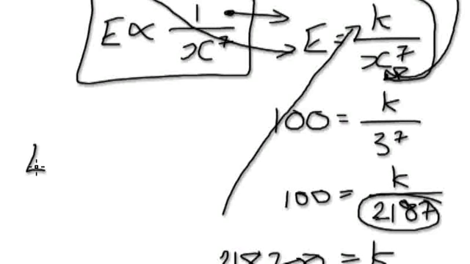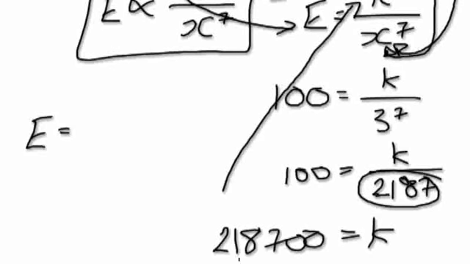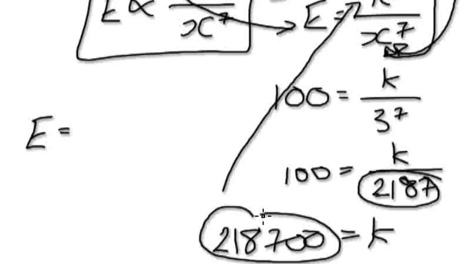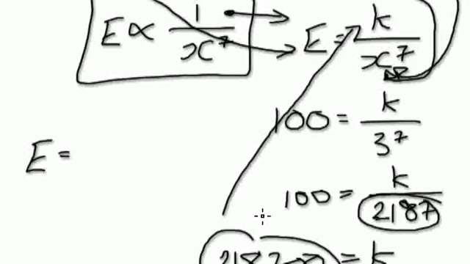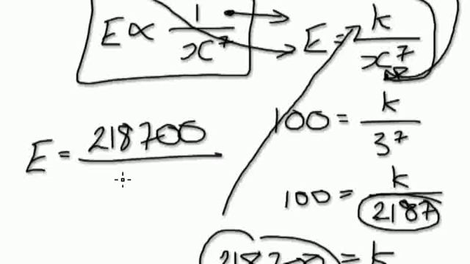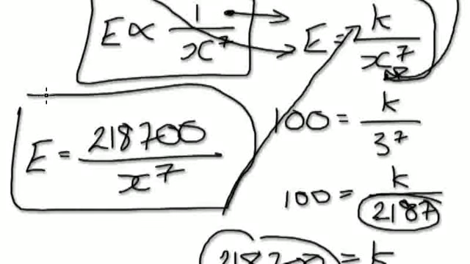So our overall equation is E equals 218,700 over x to the power of 7. Okay, so this is your answer here.